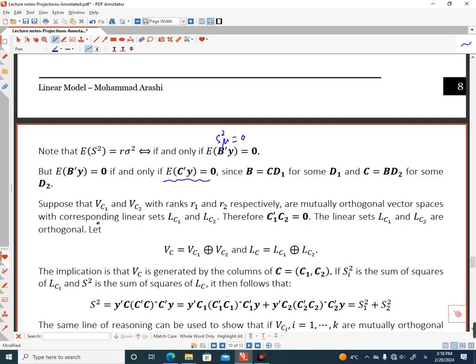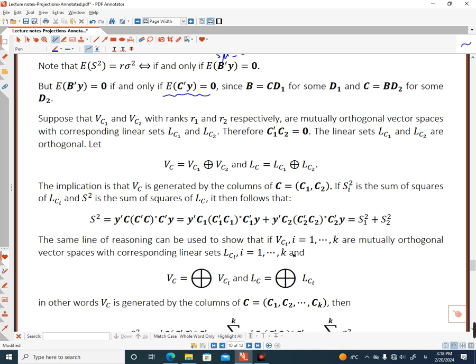When we say mutually orthogonal vector spaces, we can conclude that C1 prime C2 is equal to 0. Now construct the space VC as the sum of these two, and the set L as the sum of these two sets.